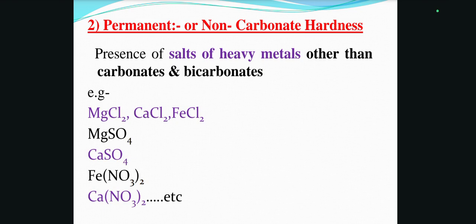Temporary hardness means carbonate type of hardness, and carbonate type of hardness means carbonates are responsible for making water temporarily hard. And permanent, that is what? The non-carbonate, meaning carbonates are not there. Then who is there? Salts of heavy metals like chlorides, sulfates, nitrates.